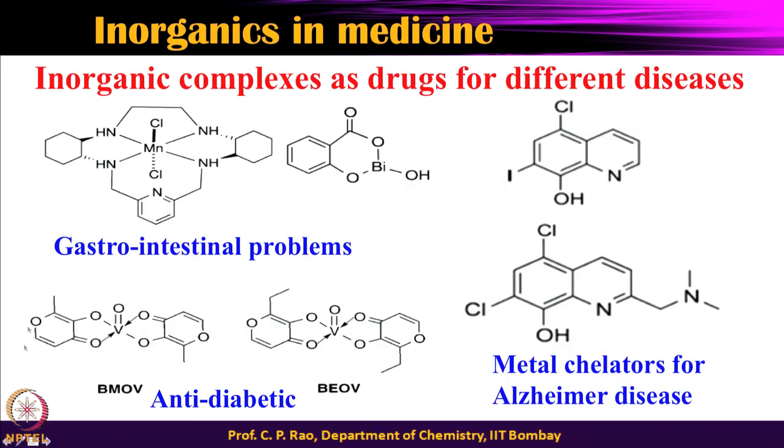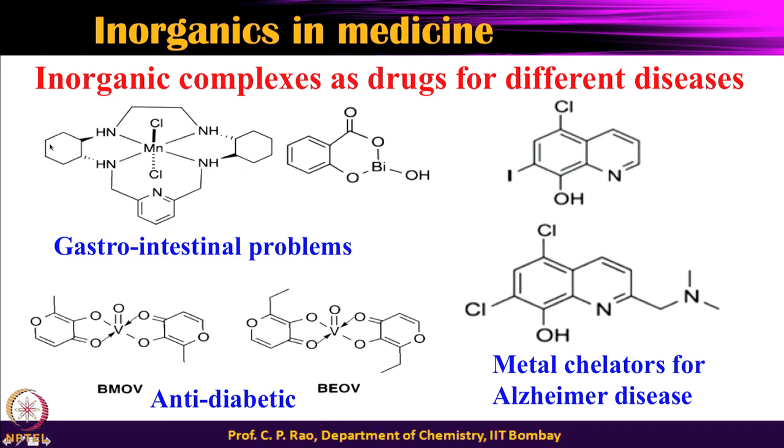Every one of these, now you can appreciate that a number of inorganic element based salts, complexes, compounds, are involved as drugs in a variety of diseases. Now, let us look at some of the structures of these.